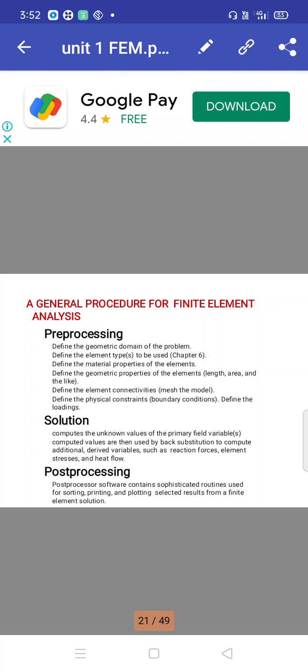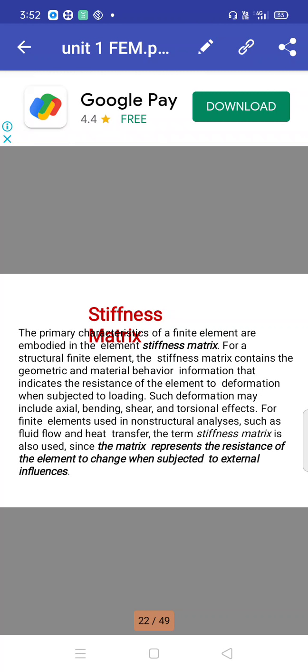Post processing. Post processor software contains sophisticated routines used for sorting, printing and plotting selected results from the finite element solutions. Then the stiffness matrix. The primary characteristics of a finite element are embodied in the element stiffness matrix. For a structural finite element, the stiffness matrix contains the geometric and material behavior information that indicates the resistance of the element to deform when subjected to loading.